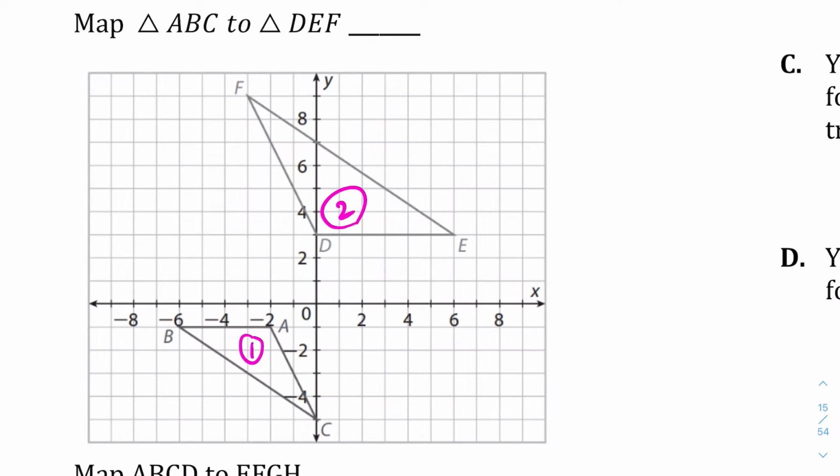Look at this, for example. The distance from this point here to where that point ends is 2 away from the same x value, right?